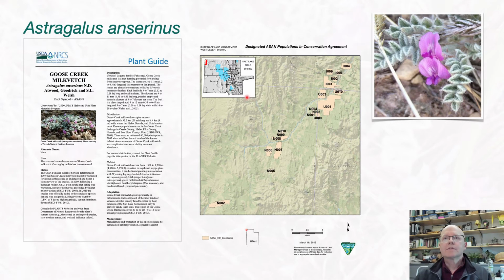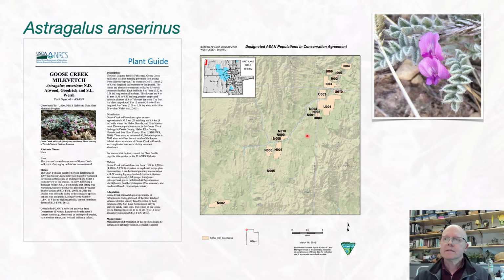So Astragalus anserinus, or the Goose Creek milkvetch, has a pretty narrow distribution. It's known primarily from the Goose Creek drainage system, here where Utah meets with Idaho and Nevada. The populations span an area about 20 miles long and about 4 miles wide.